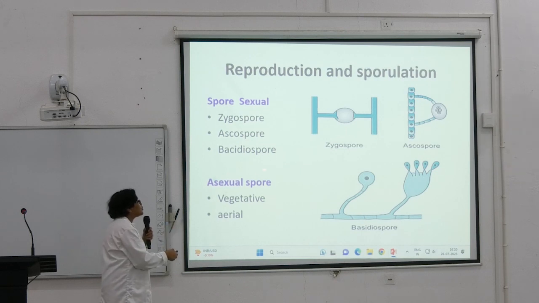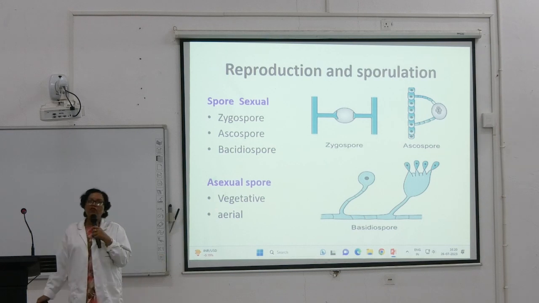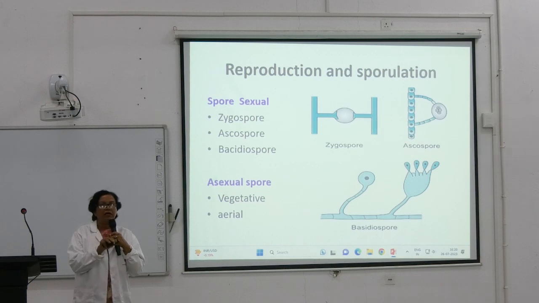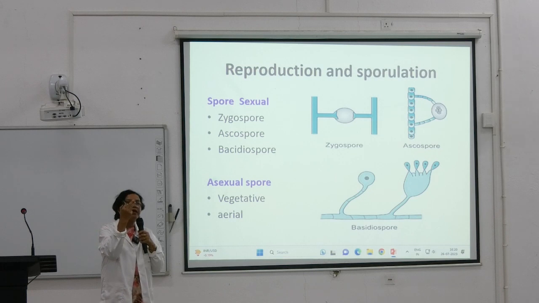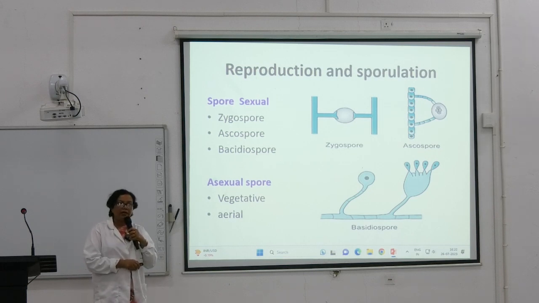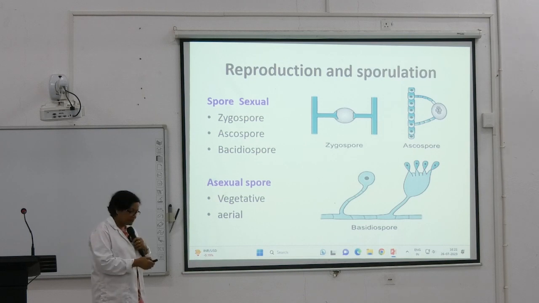There are asexual spores. One is vegetative form, one is aerial form. Vegetative form means when the fungus goes within the media. When it is coming out of the media in the air, that is called aerial hyphae or aerial reproduction.